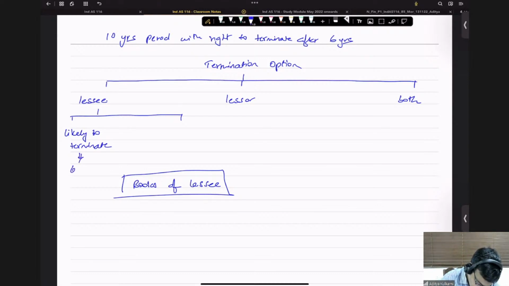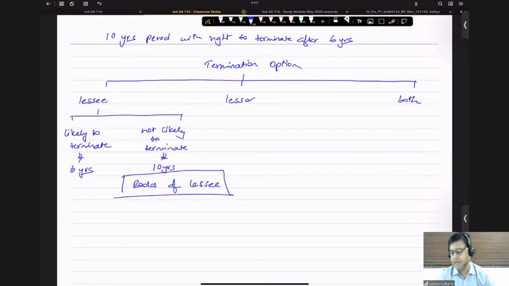If yes, then the tenure is 6 years. If you are not likely to terminate, which means you are likely to benefit from it, then it is going to be 10 years.